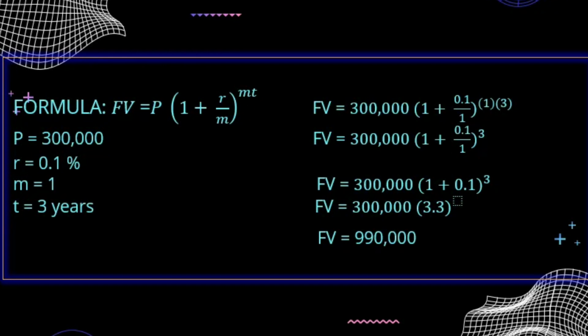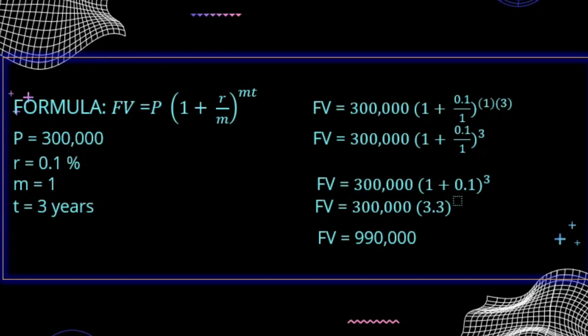So we have to list down first the principal amount, which is 300,000. And then 1 plus 0.1 over 1, which is the rate over our number of interest periods in a year.